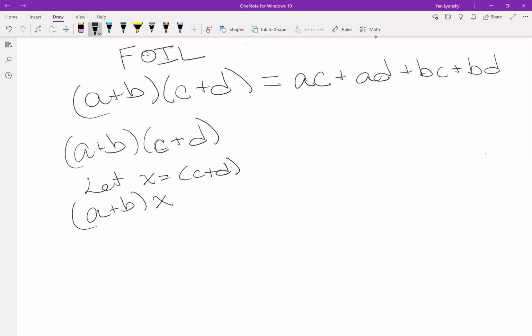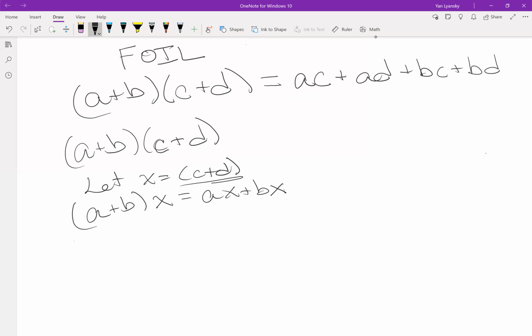And that's it, right? At this point, I was a little confused on how to multiply it together, but here it's very straightforward and simple. It's just the distributive property. So this is equal to ax + bx. Hooray!